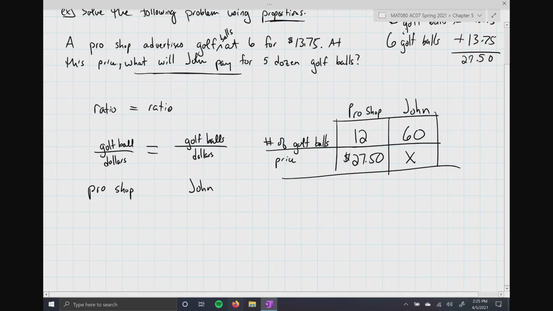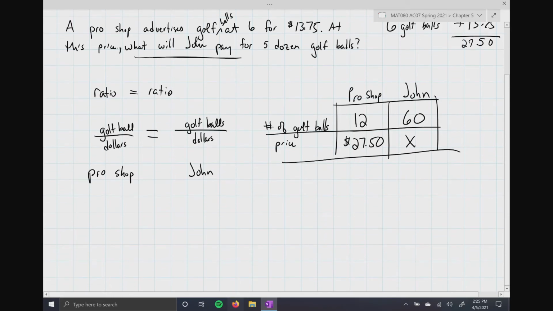It just really helps if you write the units first. No numbers, right, Jameson? No numbers. Just write the units first. So for the pro shop, 12 over 27.50 equals, for John, 60 over X.